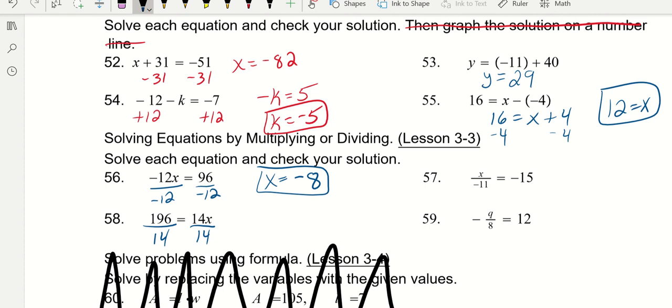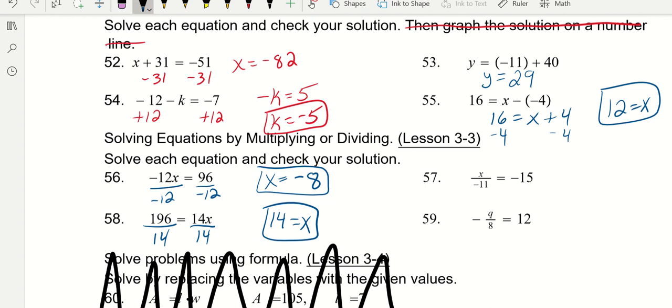So that's 14, 28, 42, 56. That's going to be 14. 14 is equal to x there. You could do long division for that one, but it is going to be 14. Let me double check. Yeah, 14.